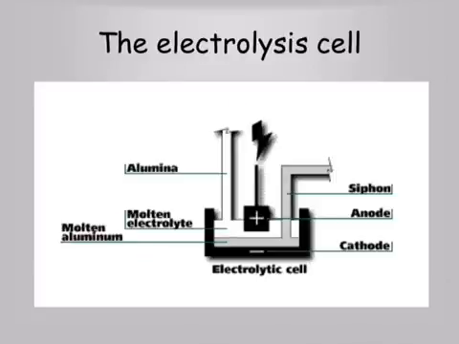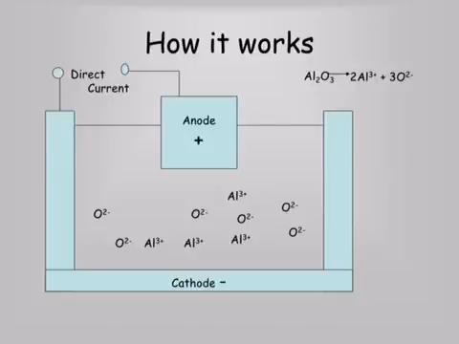We're going to break it down into each part. The electrolysis cell looks like this. We have the cathode, which surrounds the entirety of the solution, and the anode is found at the top. Like any electrolysis, we provide a direct current in order to separate the ions. Our aluminium oxide is Al2O3, and so we have O2- and Al3+ ions.